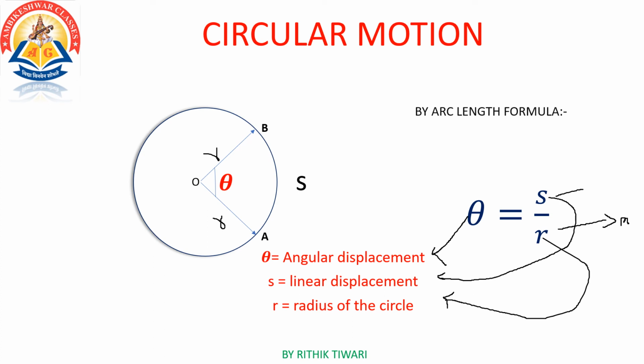But theta is an angle, and theta can have two units: either degree or radian. Here we take radian.